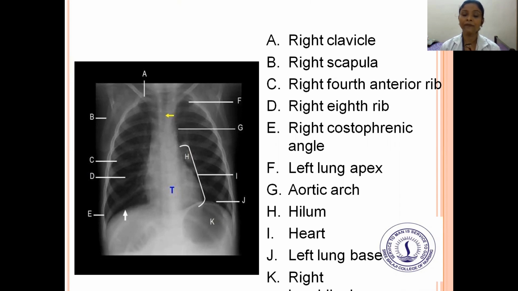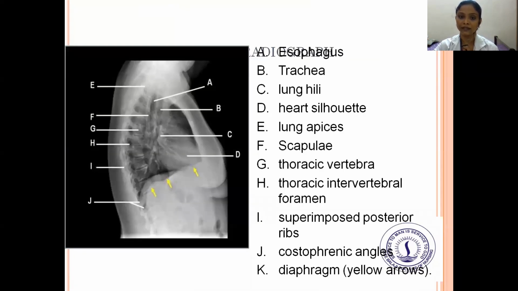So this is how, when you see an X-ray, you can identify the parts of the lung. Next is the cross section, that is the other side.